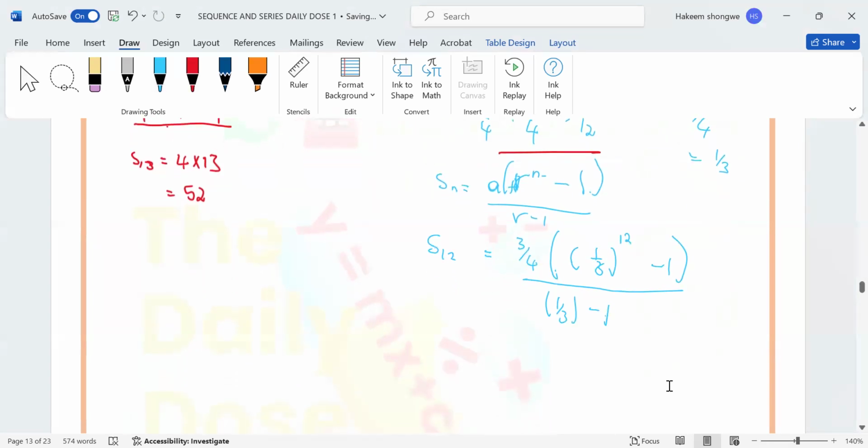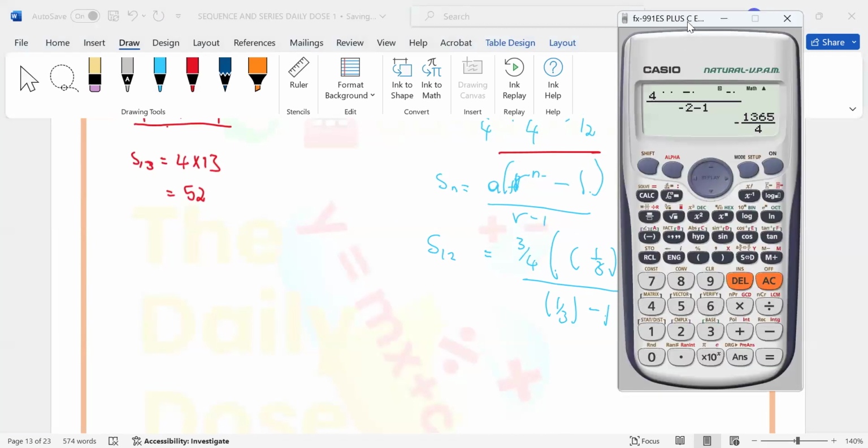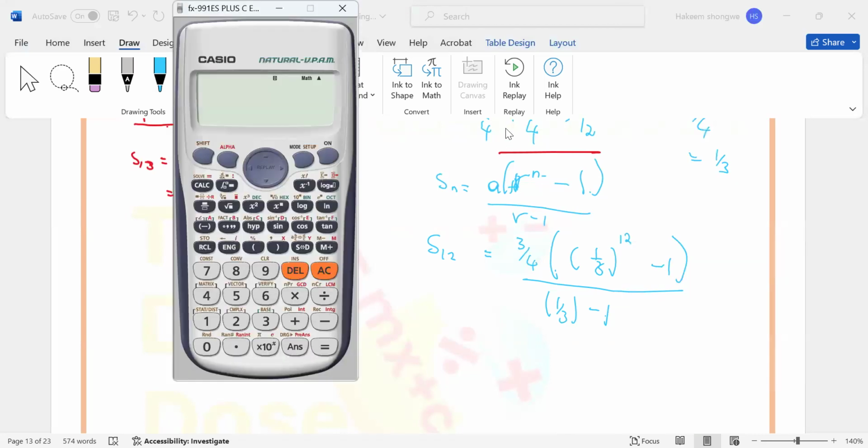What do we get if we type this in our calculator? Negative 3.25. As a fraction, do you get it as a fraction? Okay, let me type it myself.